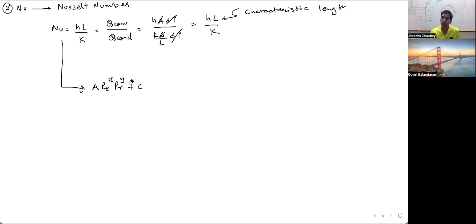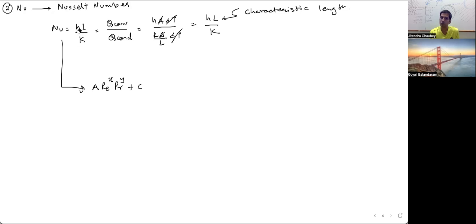The purpose of this equation is to find the value of Nusselt number. Once we find the Nusselt number and equate it with this formula, we can find h, which is the main function of the chapter. This chapter is about convection.